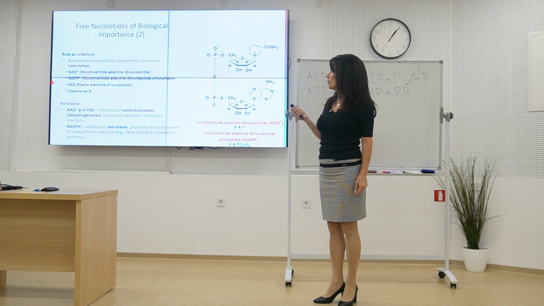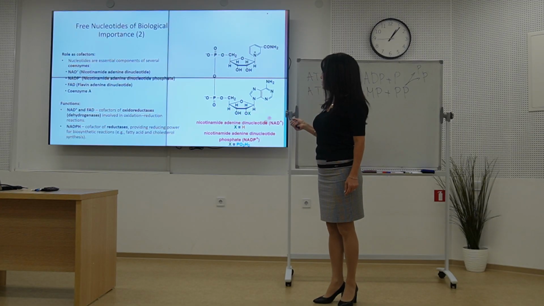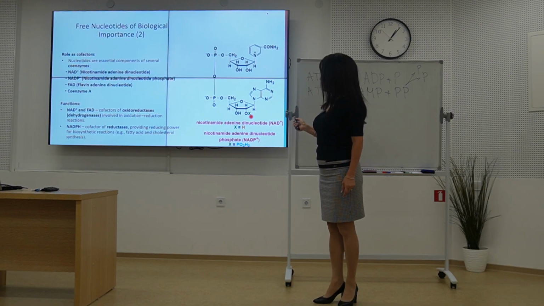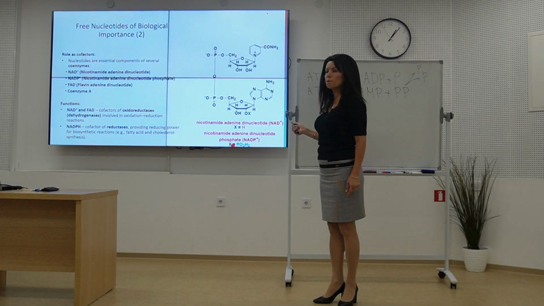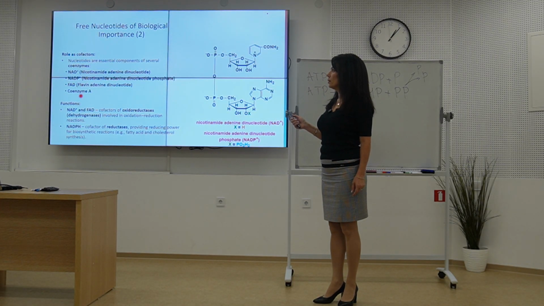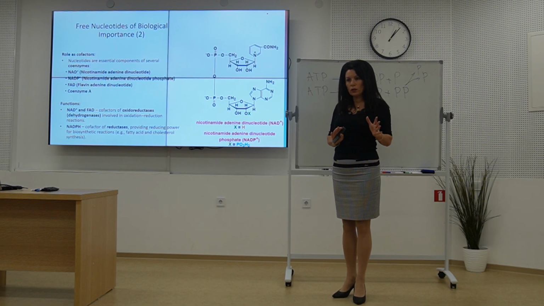It's a complex compound, with the name NAD or nicotinamide adenine dinucleotide, this one on the slide, or NADP, which is nicotinamide adenine dinucleotide phosphate, if instead of X there is a phosphate group, and some others like FAD and coenzyme A.